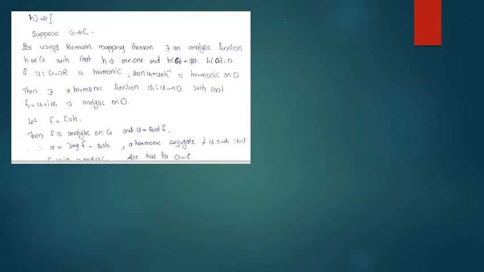Now we need to prove that if u from G to R is a harmonic function, then there is a harmonic function v from G to R. So if we assume that u is a harmonic function, then we can find a function v from G to R such that f equals u plus iv is analytic on G.